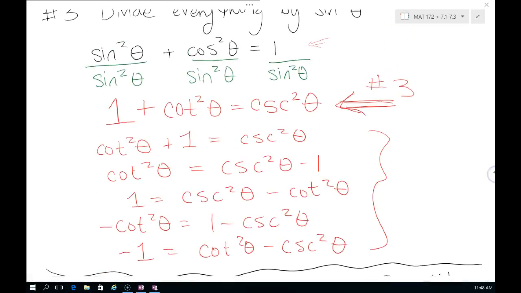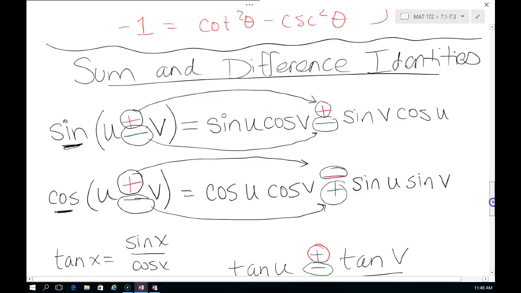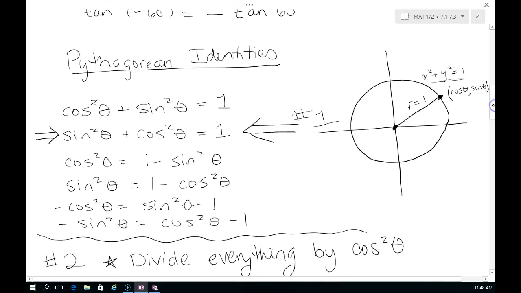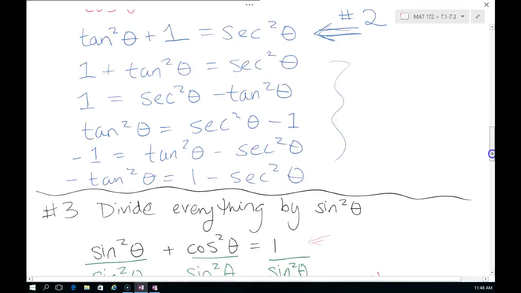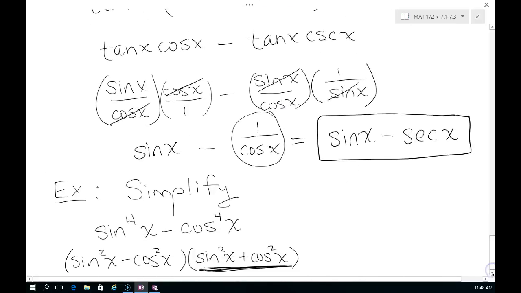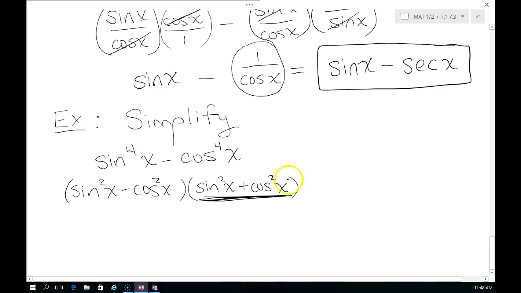And I'm going to go way up here. Sine squared plus cosine squared is equal to 1, which means we can replace sine squared plus cosine squared with 1. This entire thing can be replaced with 1.